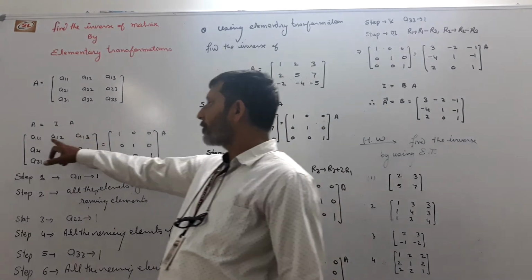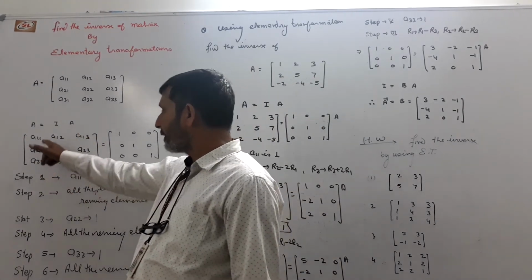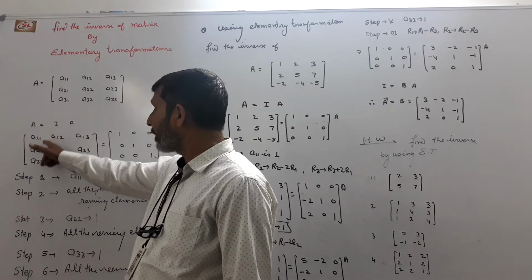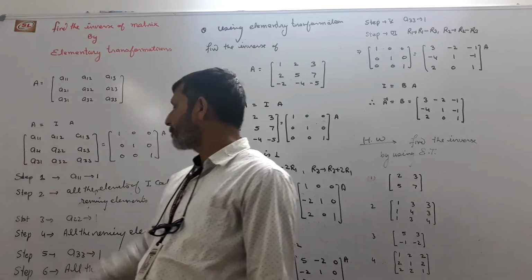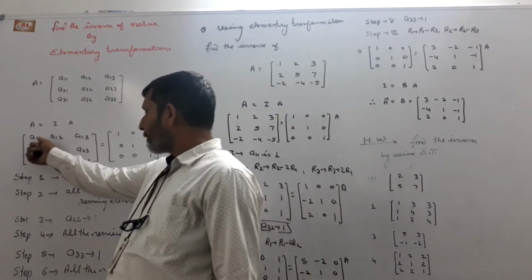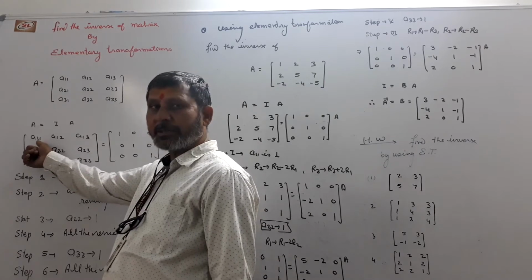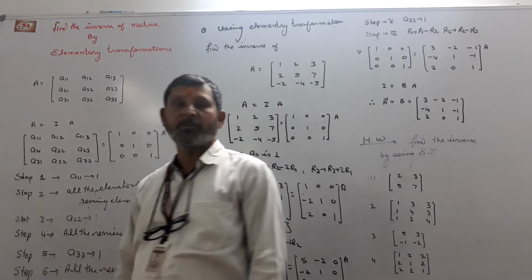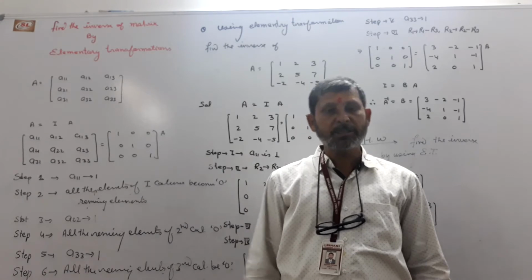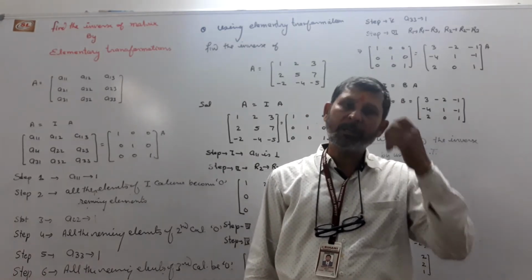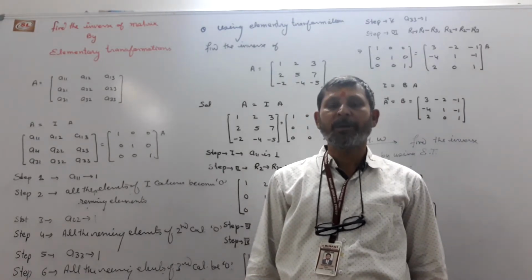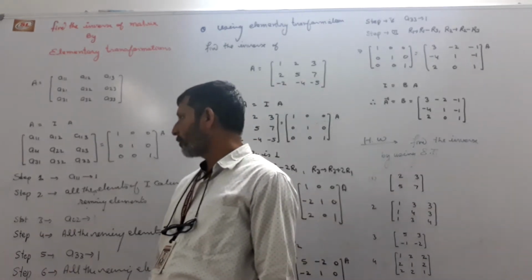Then, after A11 becomes 1, we change all the remaining elements of the first column to 0 by using the same property: R2 minus R1, or R2 plus R1, or R3 minus R1, whatever is required.